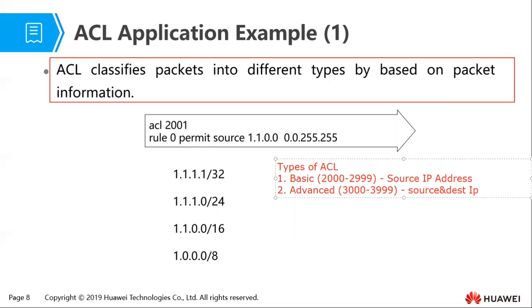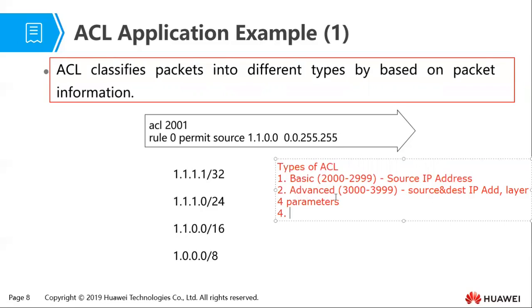IP address, and also the layer 4 transport layer parameters. So it can also use layer 4 parameters and so on and so forth.